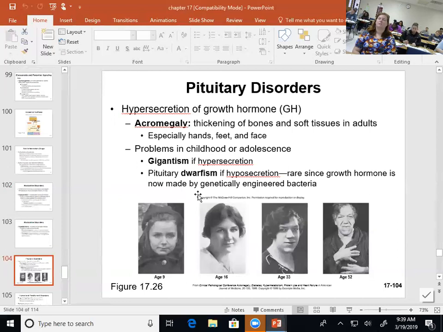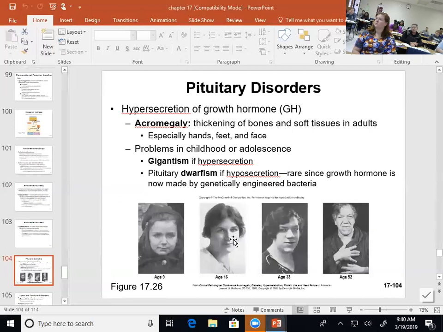So you get disproportionate growth of bones. The irregular bones are normal size, but the long bones close off really early, right? This is different. Pituitary dwarfism is an overall effect, so it's a proportional dwarfism.